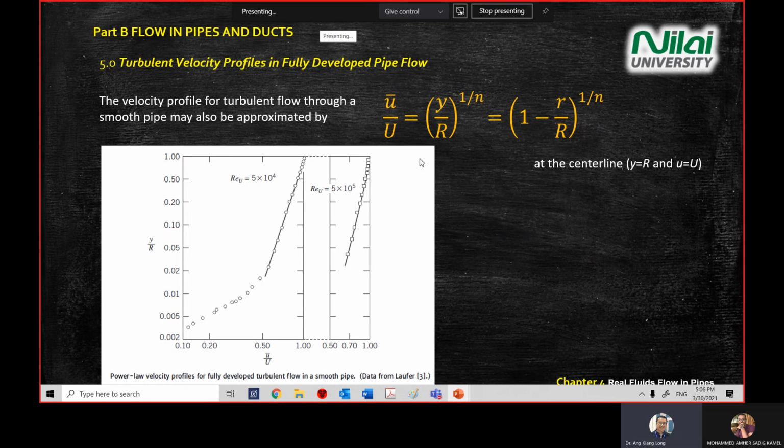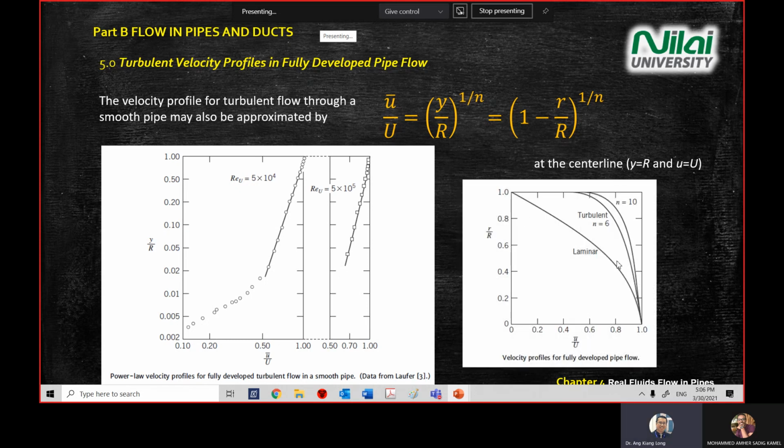Every time you hear experts talk about power law with velocity profile, they are talking about the turbulent region. Most of the time in your final year projects, if you deal with ANSYS simulation or flow simulation, you will be simulating a turbulent flow scenario.